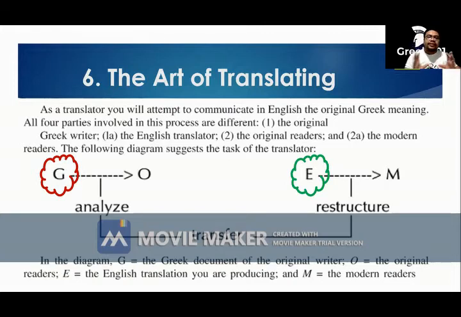So from Greek, you translate it into English. Now also the O, which is the original reader. So what the original writer intends to share to the original reader. And the M stands for the modern readers as today. What does this Greek text mean to us today?